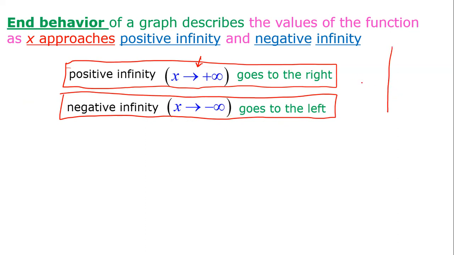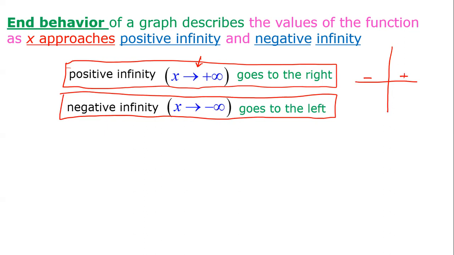Which makes sense because on our coordinate plane, these are our positive x's and these are our negative x's. So we're either heading towards positive x's or heading towards negative x's.